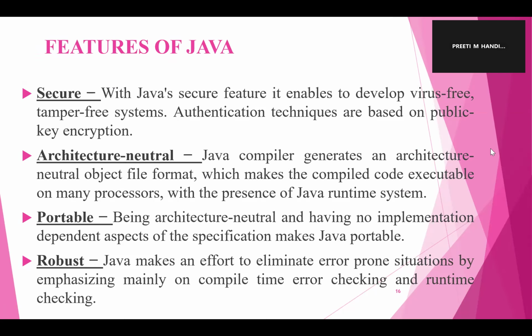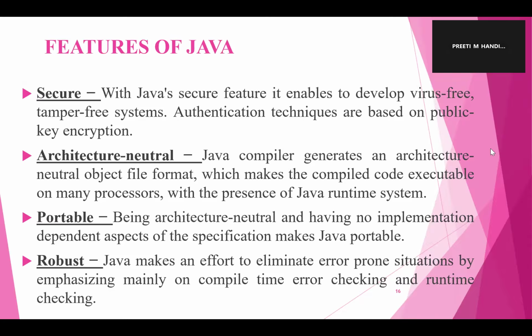Similarly, we have architecture neutral, where the Java compiler generates an architecture neutral object file format, which makes the compiled code executable on many processors, and the presence of the Java runtime system also makes it architecture neutral. Then we have the portable feature, which is architecture neutral and has no implementation dependent aspects. There are some specifications made for Java portability.